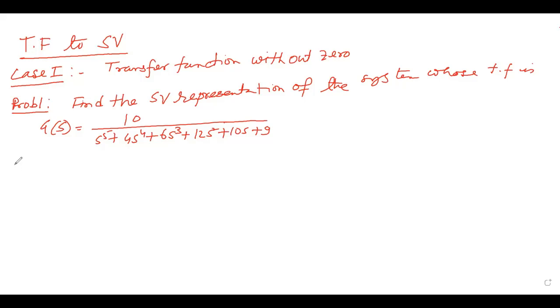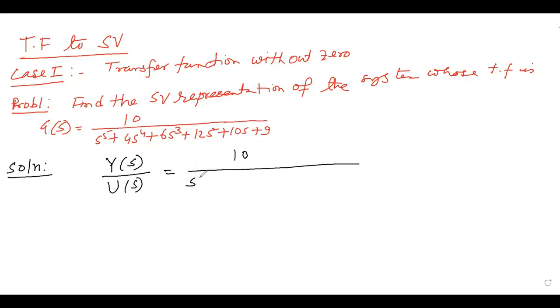Solution. Now we know transfer function means output, that is Y(s), by input. That means Y(s) by U(s) is the transfer function, which is equal to 10 by s to the power 5 plus 4s to the power 4 plus 6s cube plus 12s square plus 10s plus 9.